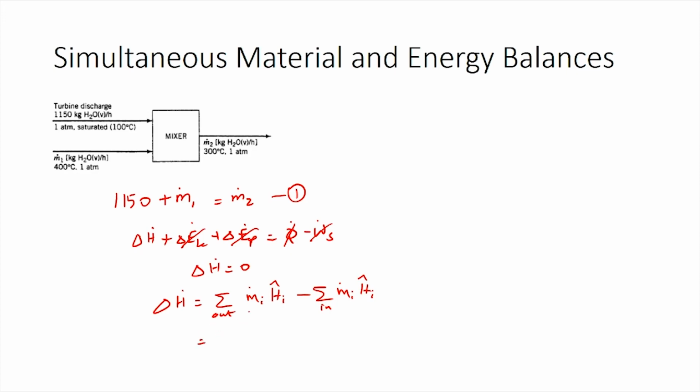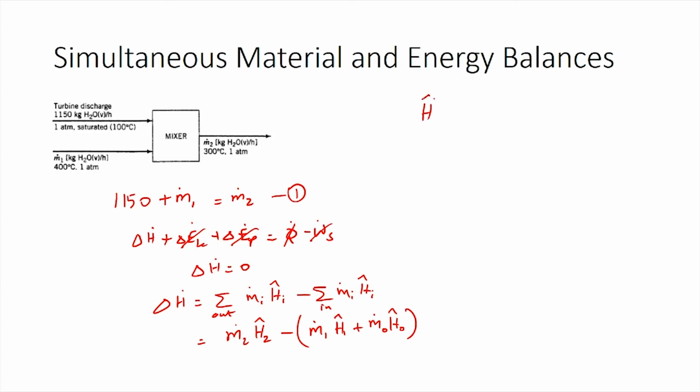The outlet stream gives m2 dot times, let us call this H2 cap, minus m1 dot times H1 cap plus, let us call that, m0 dot H0 cap, where m0 dot is 1150 and H0 cap is the enthalpy associated with the inlet stream. Looking up the steam tables, we can identify these values.